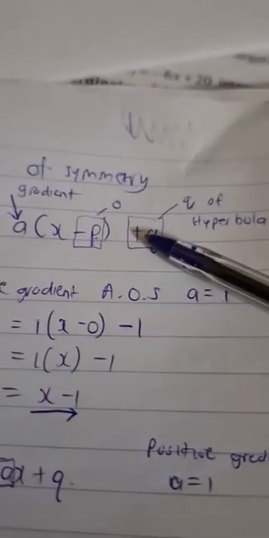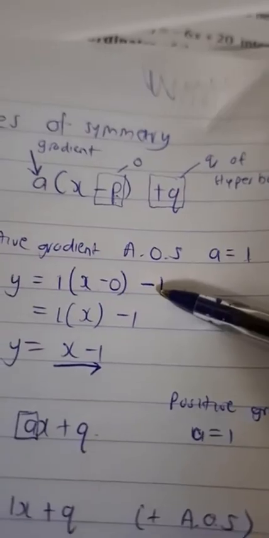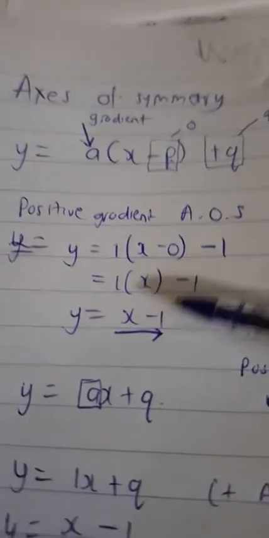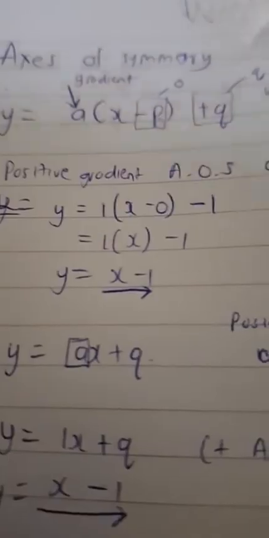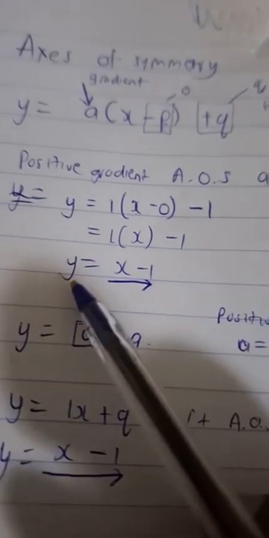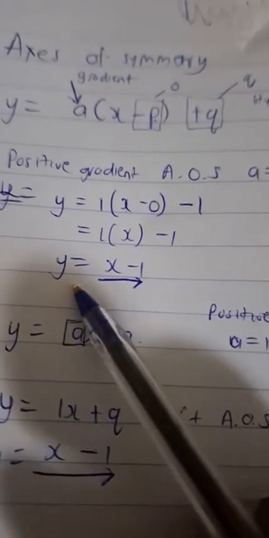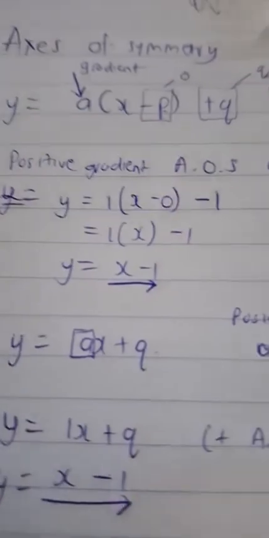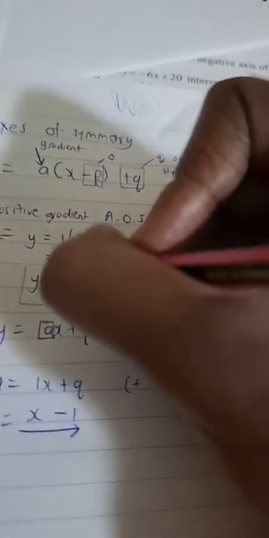What's x minus 0? It's x. What's 1 times x? It's x. Then the -1 becomes the second term in the equation. So the equation of the positive gradient axis of symmetry is y is equal to x minus 1. Clear.